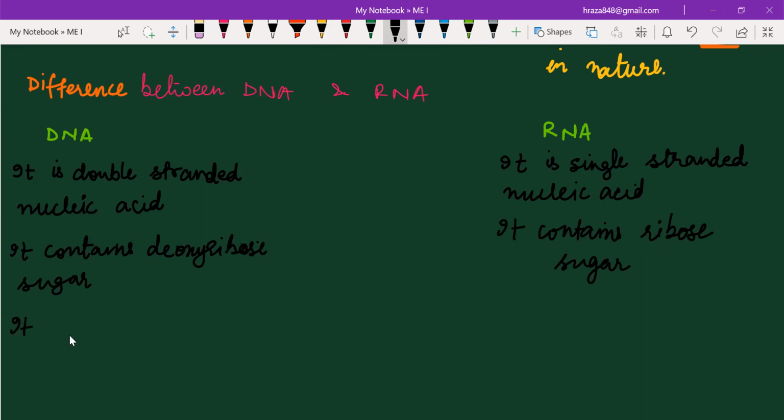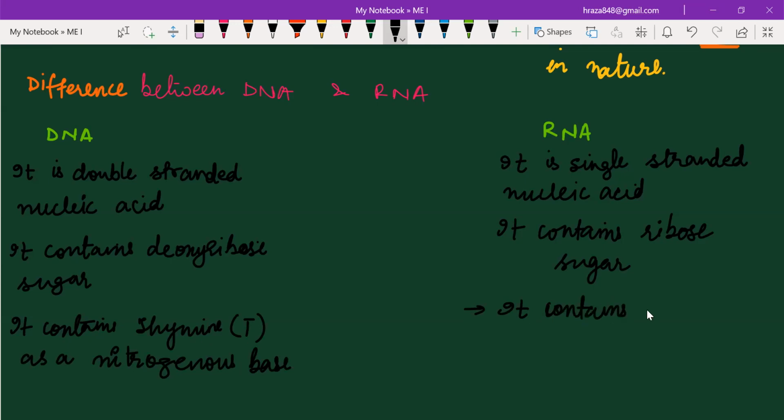Next, DNA contains thymine, that means T, as a nitrogenous base. RNA contains uracil, that means U, instead of thymine.